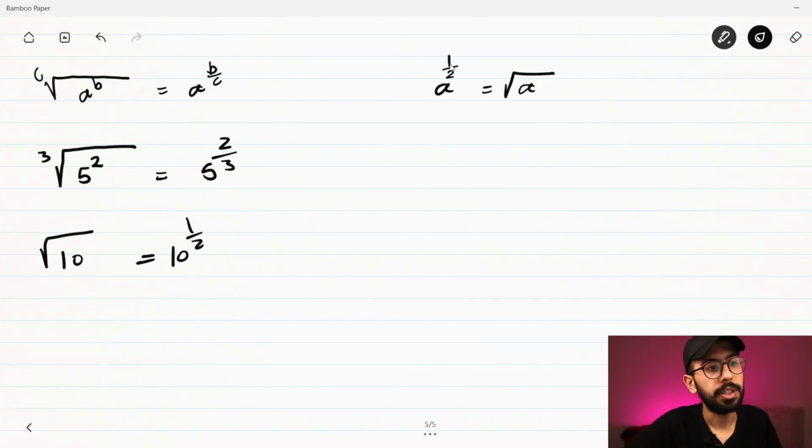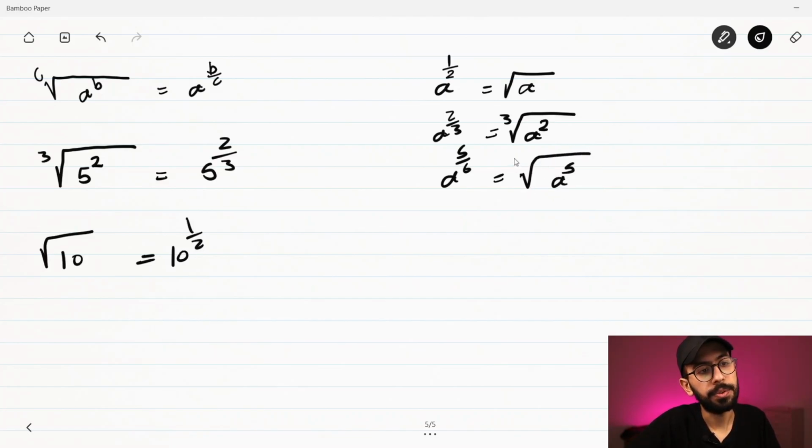If you have a variable with the power of 2/3, it's like saying you have a variable with the power of 2, but under the root of 3. If you have a variable or number raised to the power of, let's say, 5/6, it's like saying you have a variable or number to the power of 5 and under the root of 6.